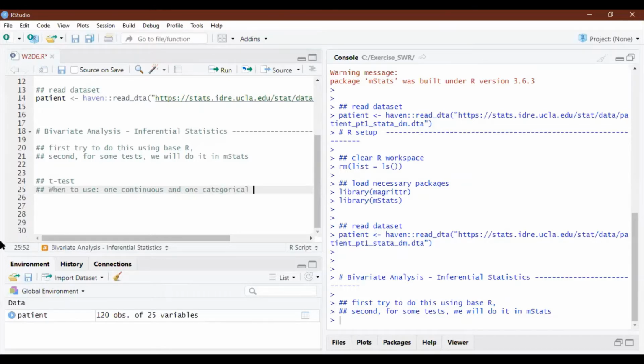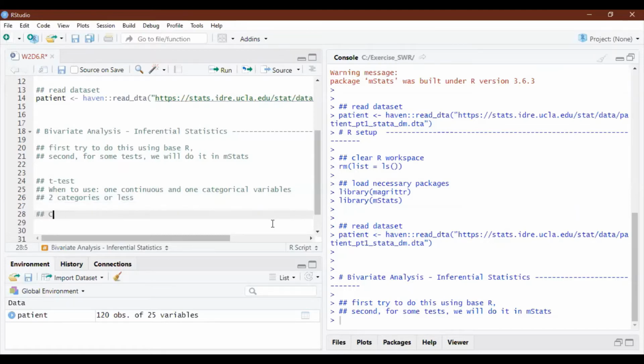We are looking at two variables for this one. To use the t-test, the category should have only 2 categories. If it is more than 2 categories, we use ANOVA. That is the rule.